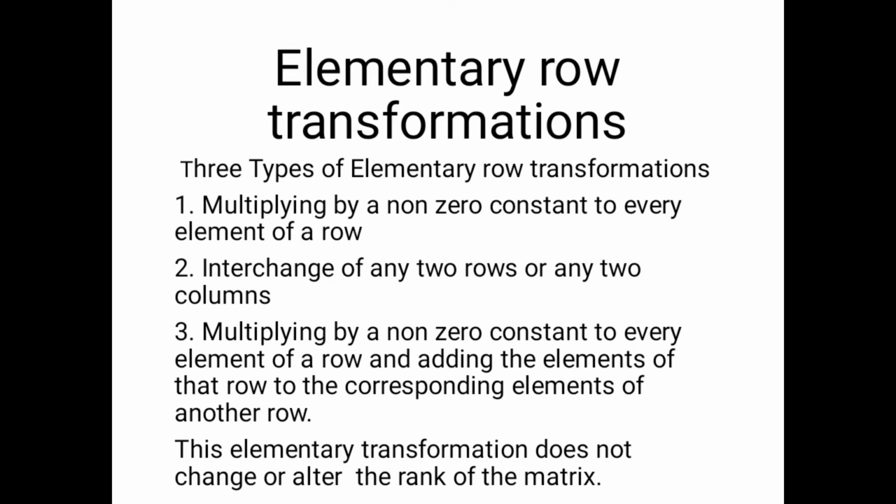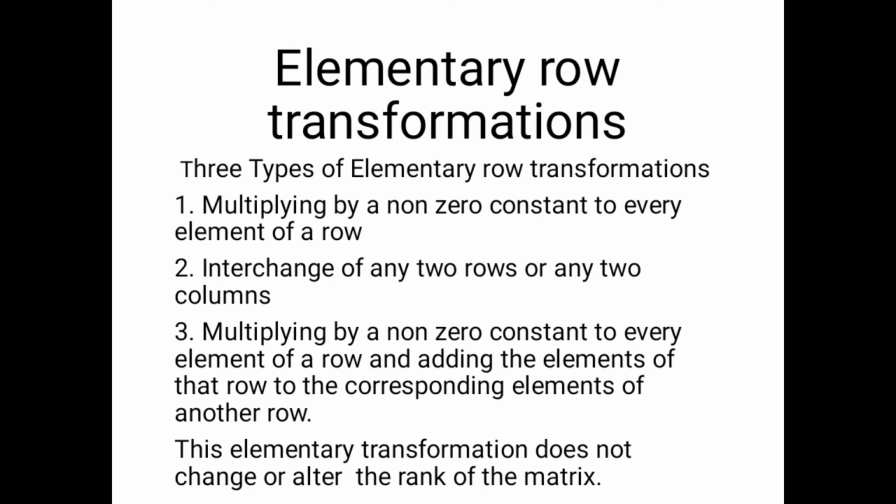In other words, if I write R3 plus 4R1, here the third row is changing by multiplying the corresponding elements of R1 by 4 and adding them to the corresponding elements of R3.